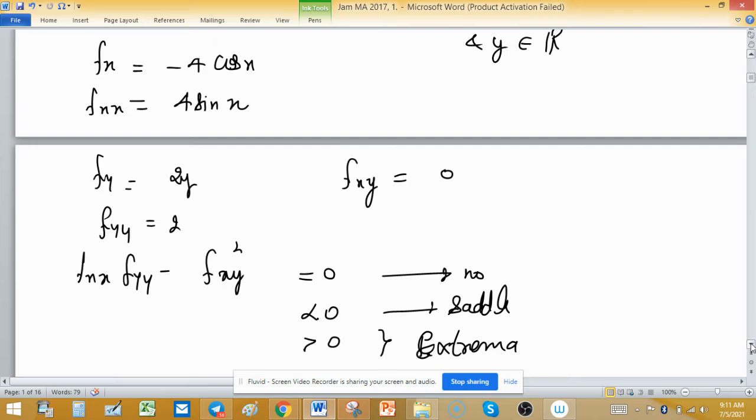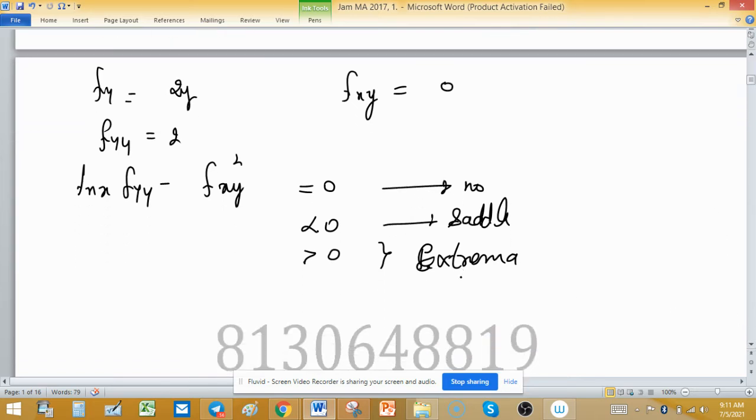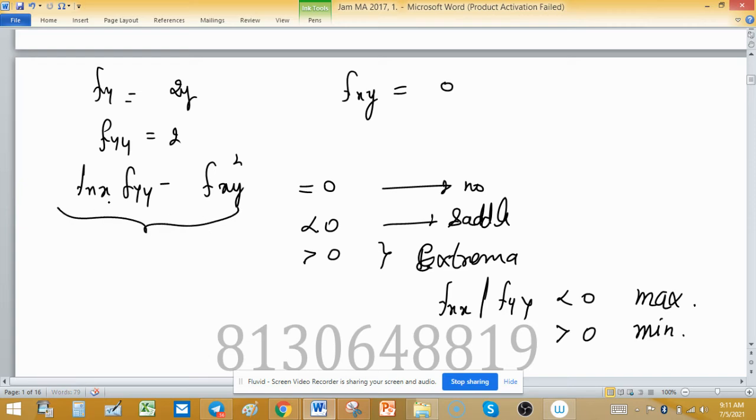But if either fxx or fyy is less than 0, then it is a point of maxima. If greater than 0, then a point of minima. So we have to check the nature of fxx fyy minus fxy square at the critical points.